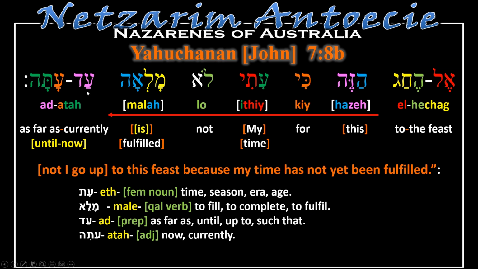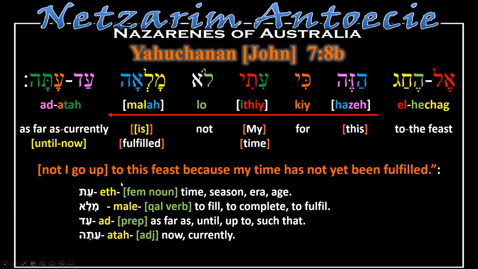So is fulfilled at, which can be until or as far as, and then atta, which can mean currently or now. So we got down here, ad, preposition, as far as, until, up to, such that. And atta as negative means now or currently. So these are just the extra meanings that I'm giving you to help you remember them.